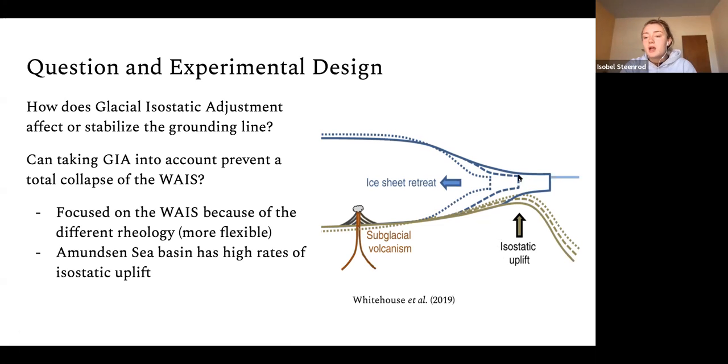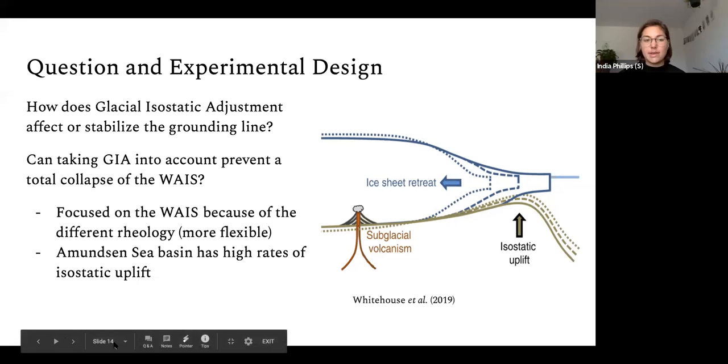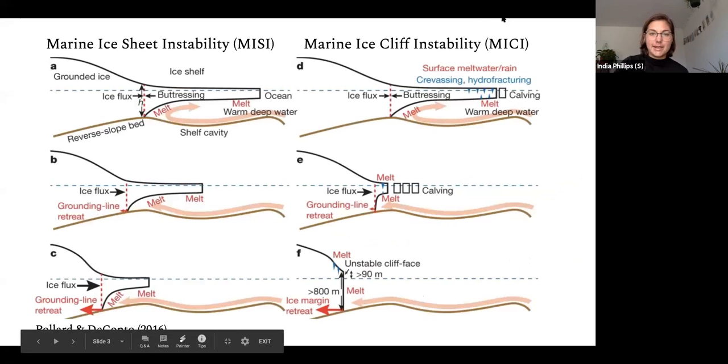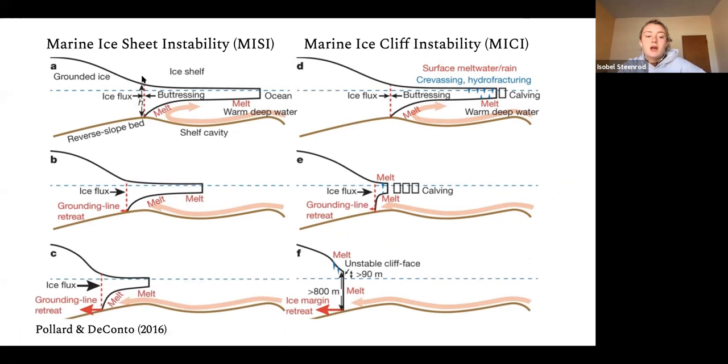So the whole ice sheet instability has to do with the grounding line. Even just a little bit of uplift will stabilize the grounding line. Maybe if you go back to the marine ice sheet instability slide. Basically, the West Antarctic ice sheet is on a reverse sloping bed, so it gets exponentially more unstable as the grounding line retreats down this bed.